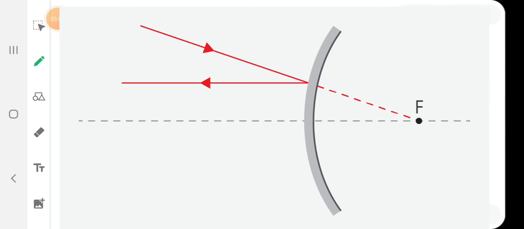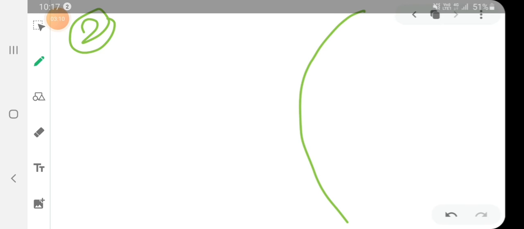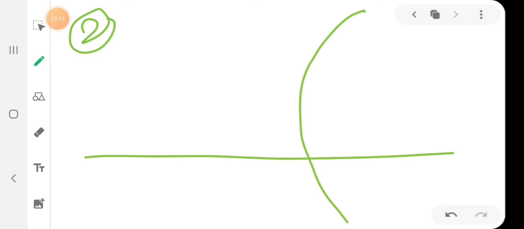Now rule 2 for this mirror. Suppose once again this is a convex mirror itself. In that convex mirror, let us show some points: the center of curvature here, the principal axis somewhere here, and somewhere the focus. According to the second rule, which was there in the concave mirror, when the ray moves directly towards the mirror through the center of curvature, it reflects back along its original path.